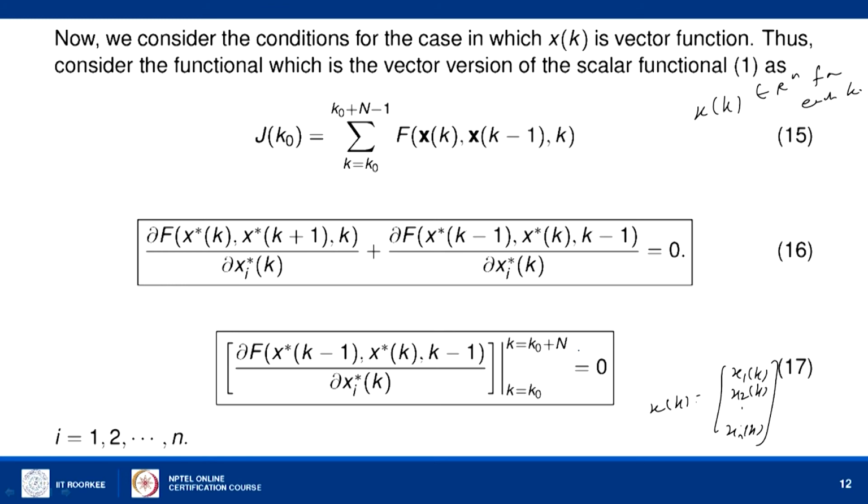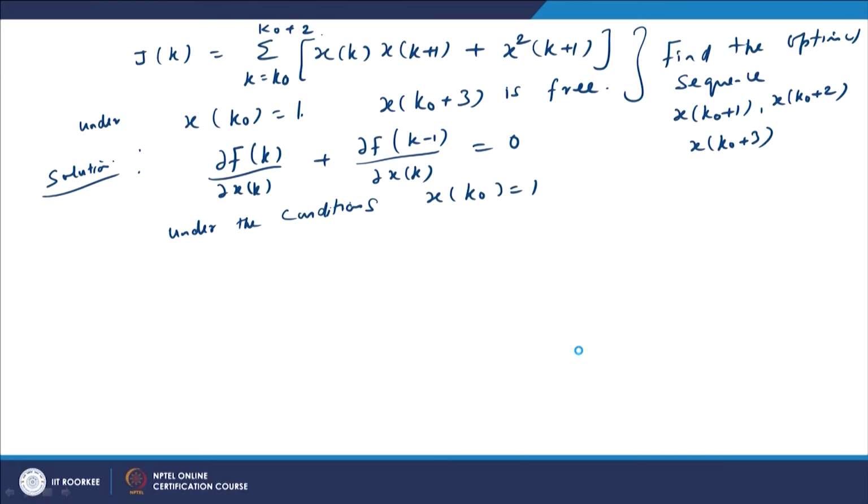So we have the boundary condition: del f starting with k minus 1, derivative with respect to xk, evaluated at k0 plus 3, should be equal to 0.